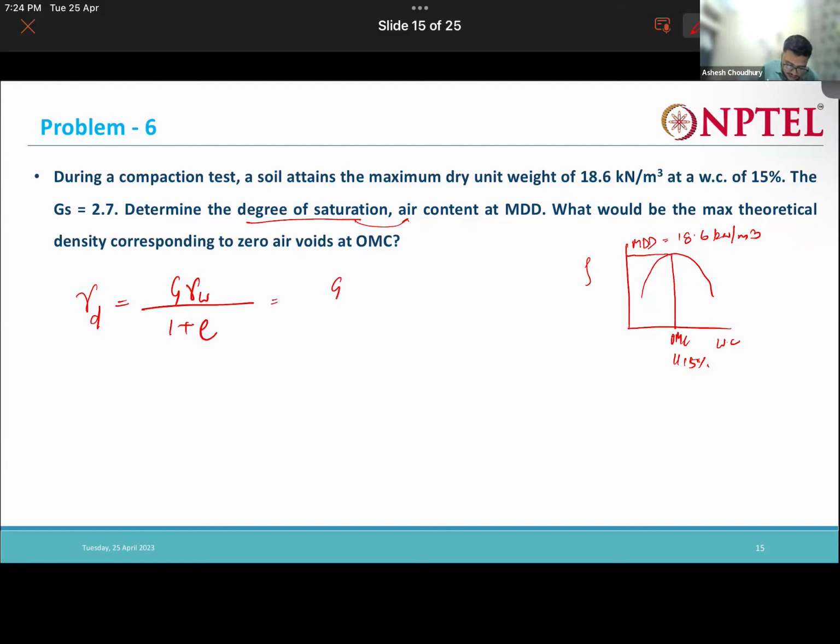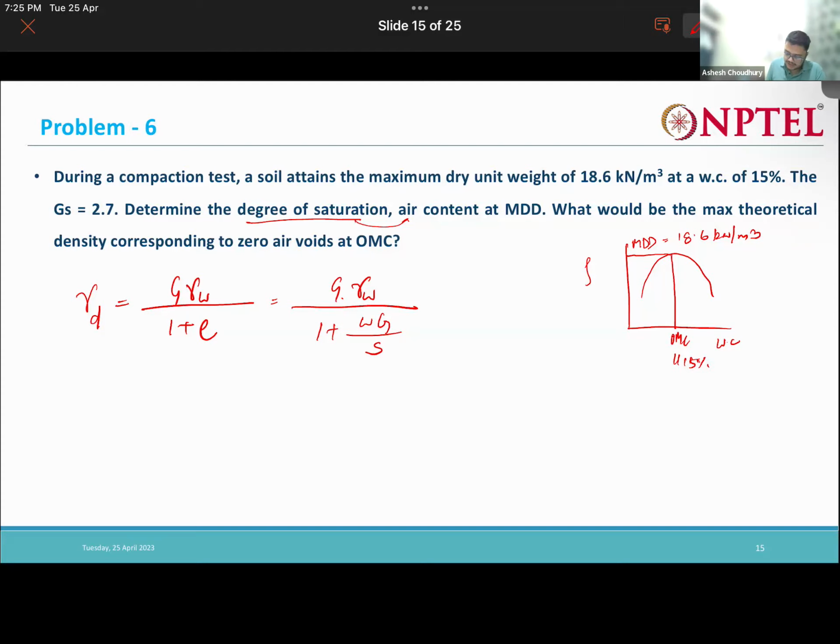So this e, what can we write? e you can write as w G by S. So if S is equal to 1, then we get the maximum theoretical dry density.